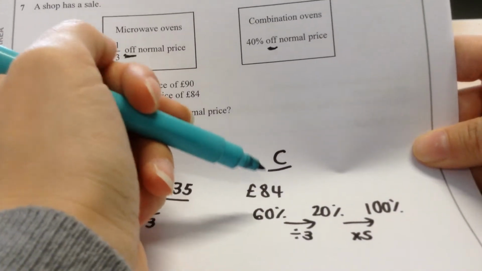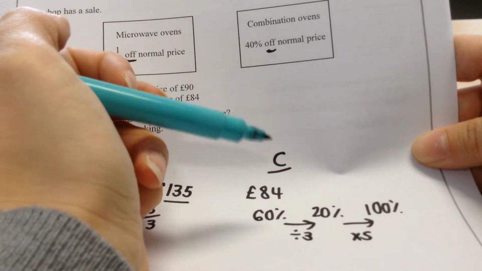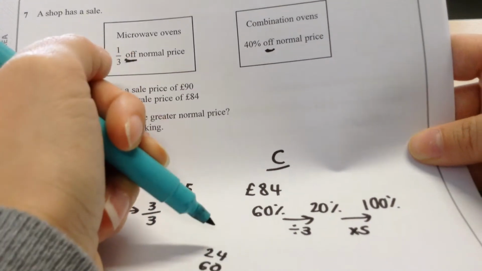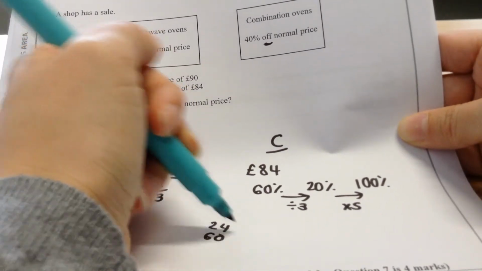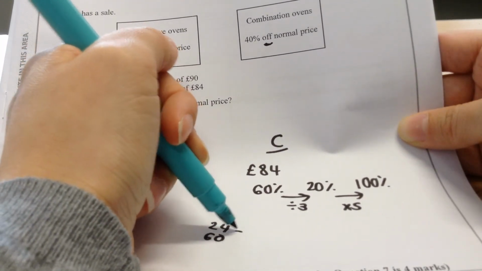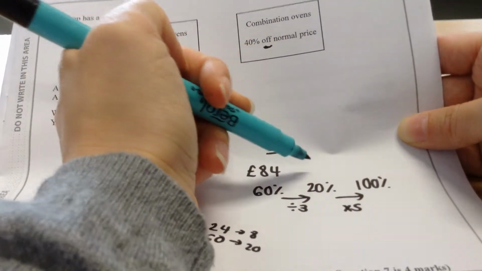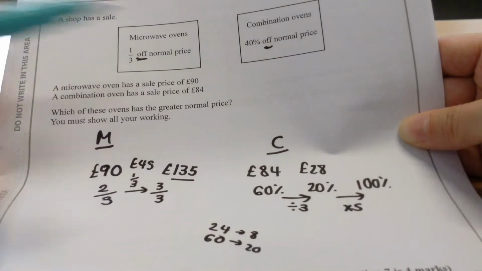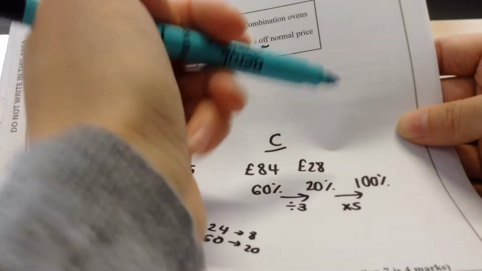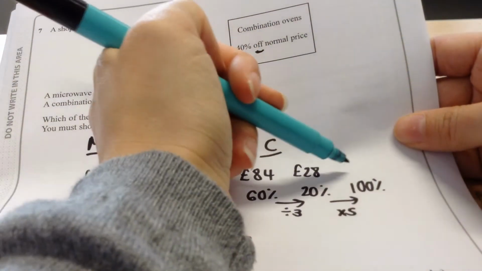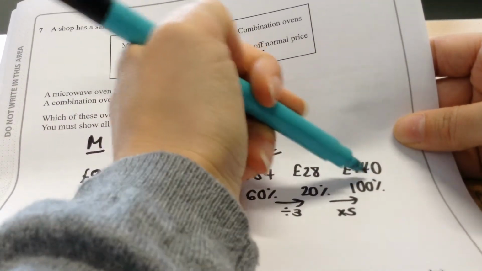Okay, 84 divided by 3. I'm going to do some chunking. That's like 24 plus 60. 24 is 8 lots of 3, and 60 is 20 lots of 3, so that's 28. Okay, so for 100% I need to times that by 5. When you times by 5, you times by 10 and half it, so that's 140.